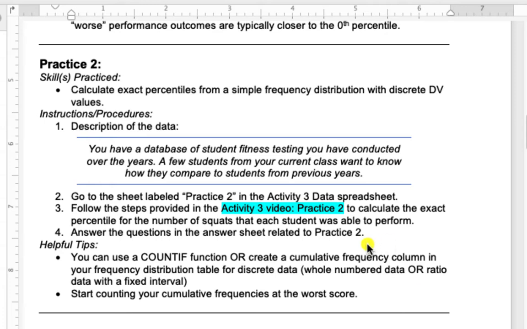So in our example, we have a database of student fitness testing that we've conducted over the years. I've pulled out squat frequencies for this particular database, and a few of your students want to know how they compared to the students from previous years. So in our practice 2 spreadsheet, we are going to calculate the exact percentile for the number of squats that each student was able to perform.